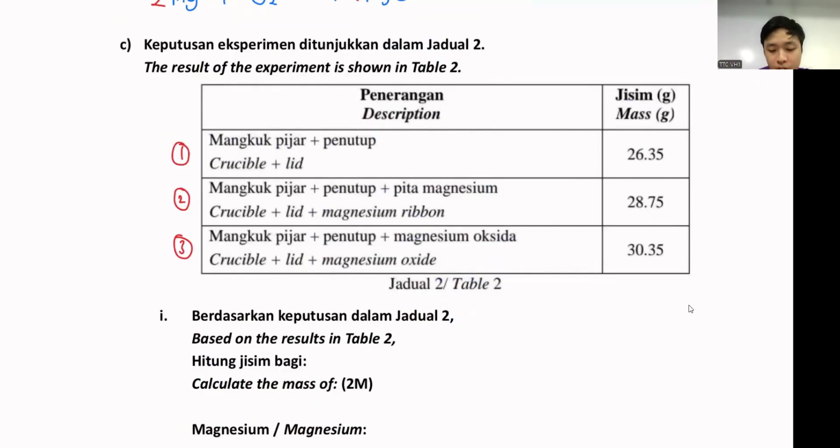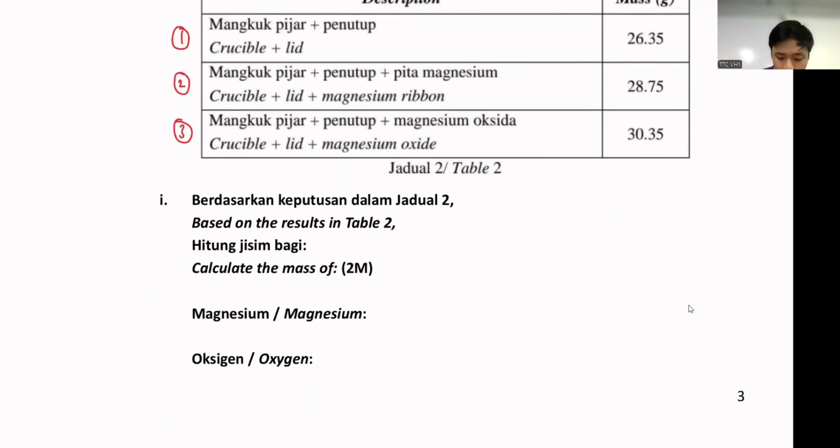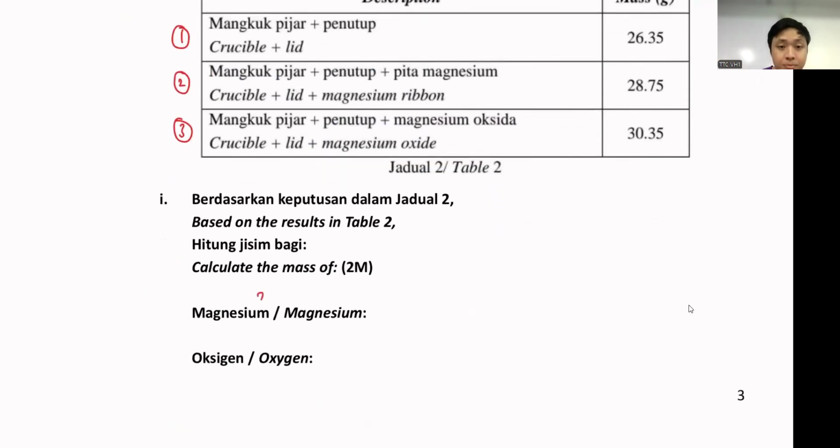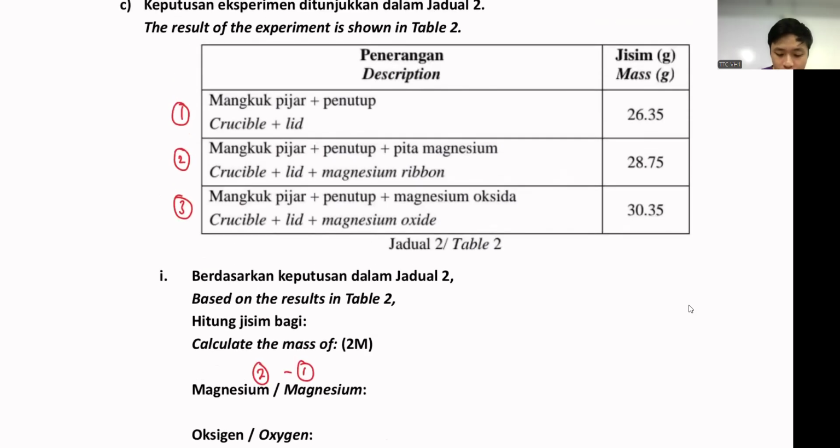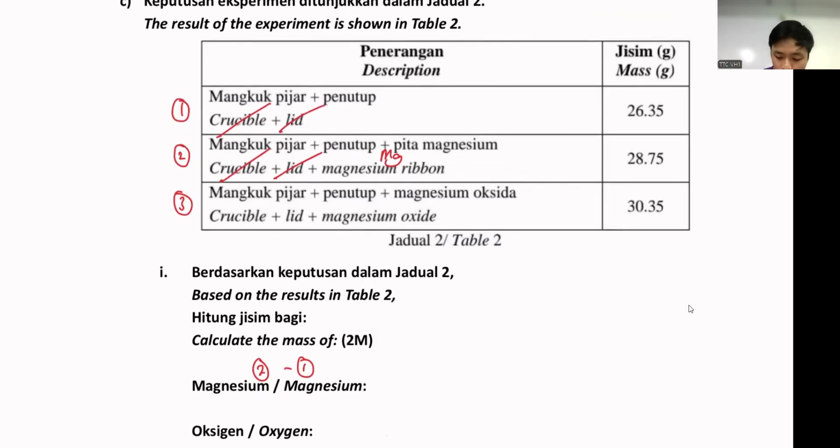So if you want to get the mass of magnesium, very simple, just use 2 minus 1. Mass of magnesium is 2 minus 1, because crucible minus crucible, lid minus lid, then you get the mass of magnesium. You use 28.75 minus 26.35, then you get 2.4 gram.